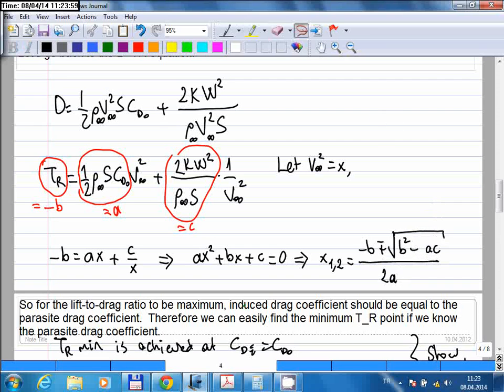You know this relation, the two roots of a second order polynomial, right?